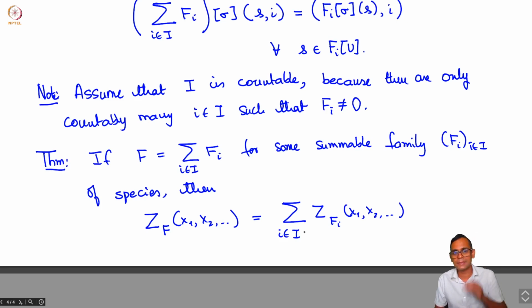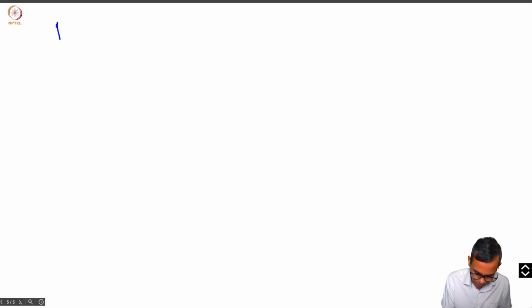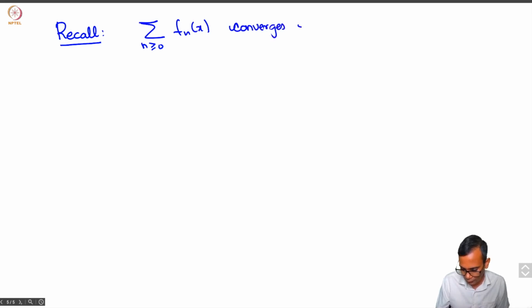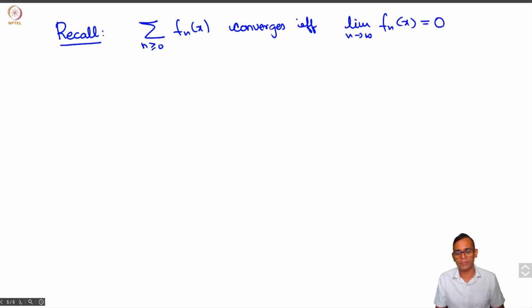I explained this very carefully when you just had a function of one variable, and there we had said, recall, the summation over n greater than or equal to 0 of f_n(x) converges if and only if the limit as n tends to infinity of f_n(x) is equal to 0. This is for formal power series. Don't go do this in your calculus class.